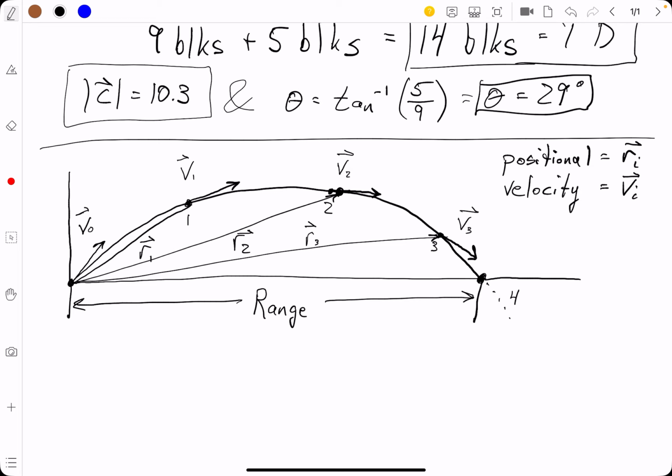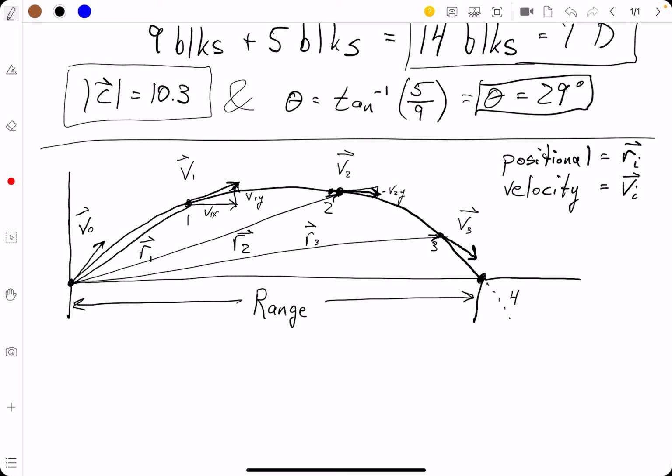Now let's take V1 for example. It's got an X component, V1x, and it also has V1y going up. V2 has a slight drop, so V2y is slightly negative. V1x is still the same, right?